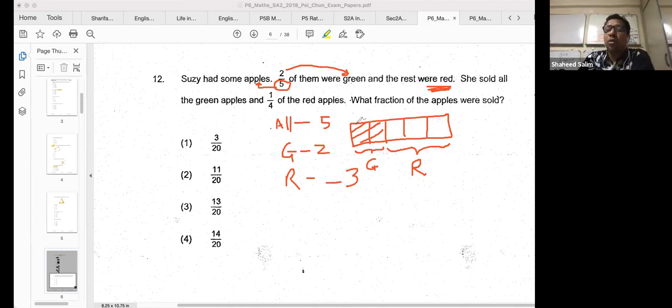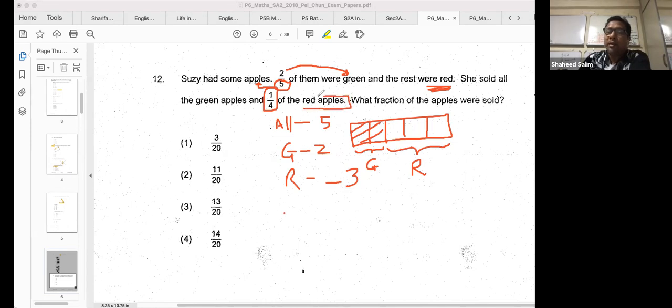So now it says sold all the green apples. No more left. And then sold 1/4 of the red apples. What is 1/4 of red apples? You've got to find out. So I'll show you the method. 1/4 of the red apples.